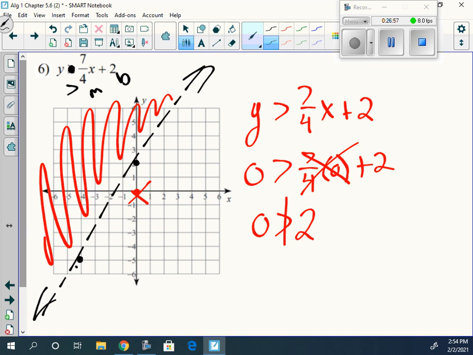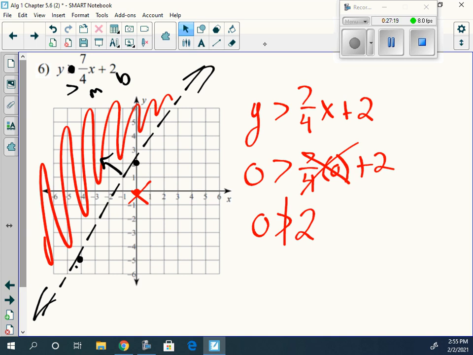It means the other side of the line has to be shaded. So that's why we're picking a point and testing it, because if it's true, that area is shaded. If it's false, we've got to shade the other way.